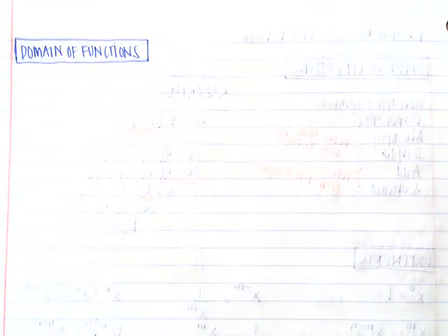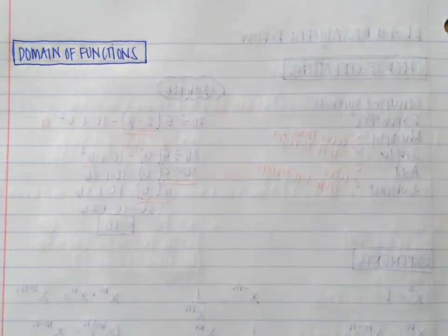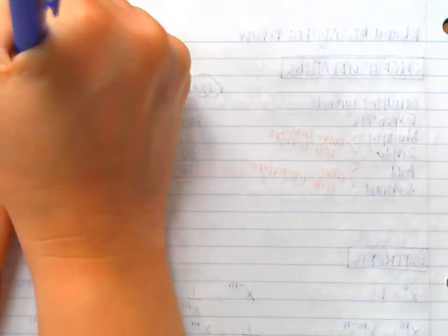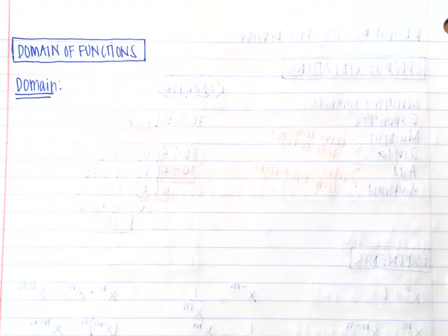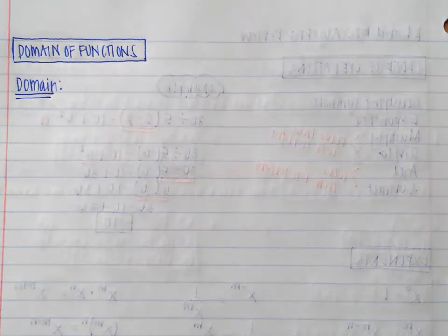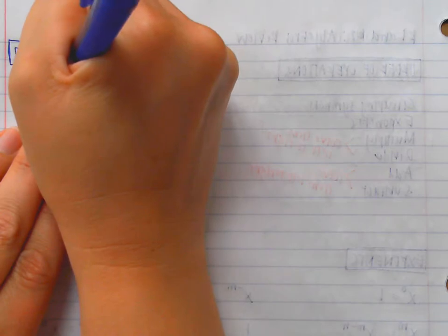Okay, so we're only going to be dealing with one function, but let's first start talking about what domain means. Domain for this is the set of all x values for which a function is defined. That's kind of like the math way of saying it.